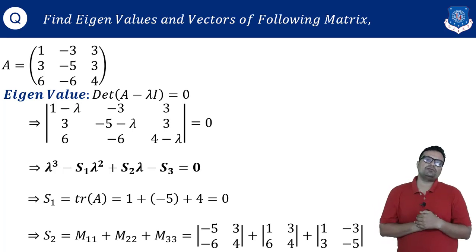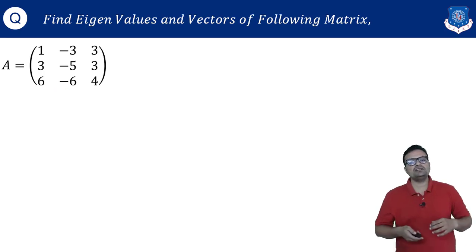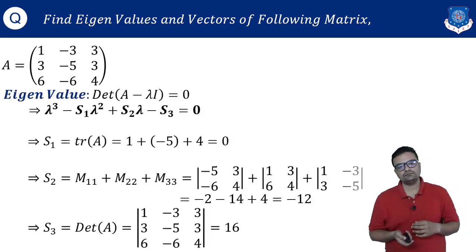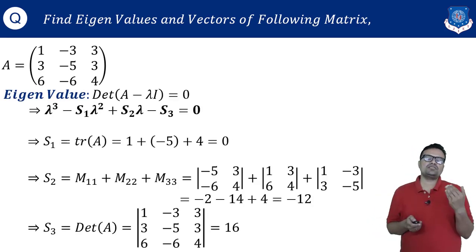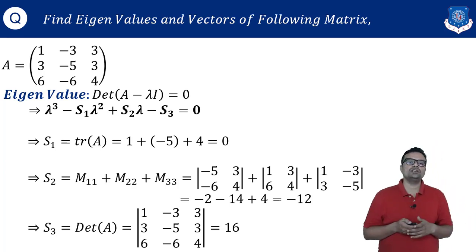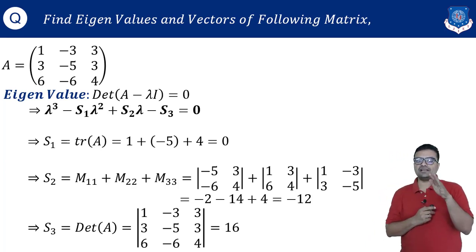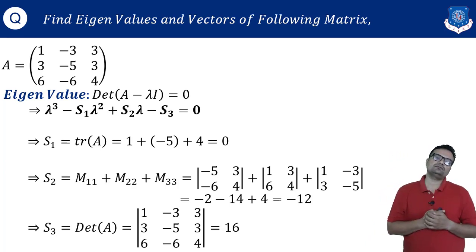Same procedure you can apply for M22 and M33 also, and then expand this determinant. It will give you answer for first determinant is minus 2, second minus 14, third plus 4. Ultimately it is minus 12. And this means value of S2 is minus 12.